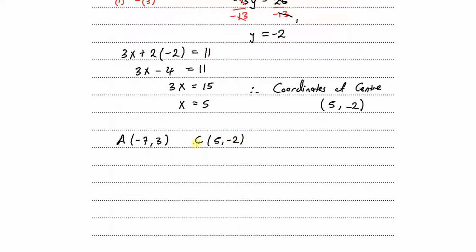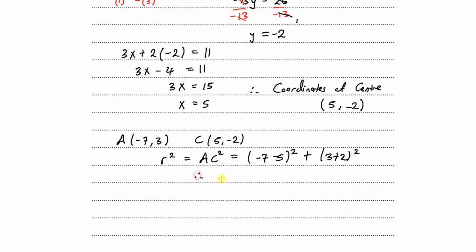So I can find the length of this line using the two coordinates. So I can go r squared, which is basically AC squared, is minus 7 minus 5, that's from the x coordinates, and squared, plus 3 minus minus 2, which is 3 plus 2 from the y coordinates, and that's squared.